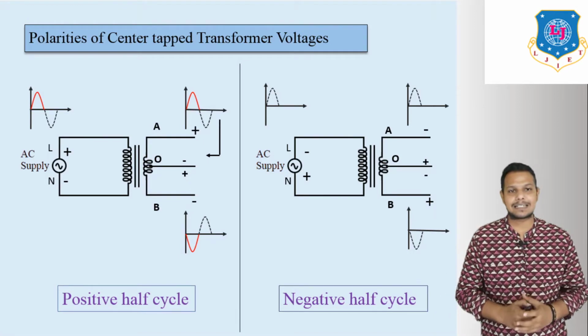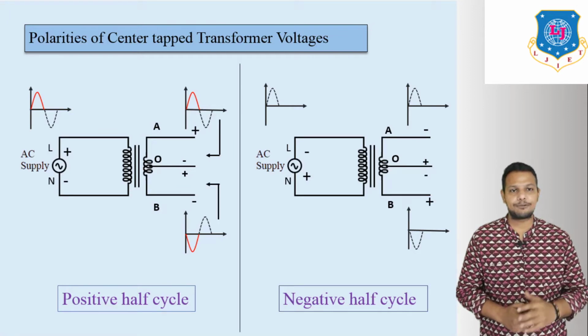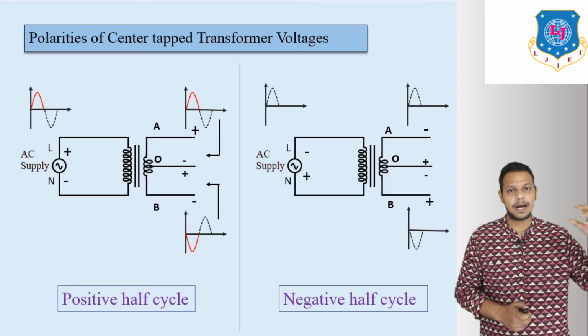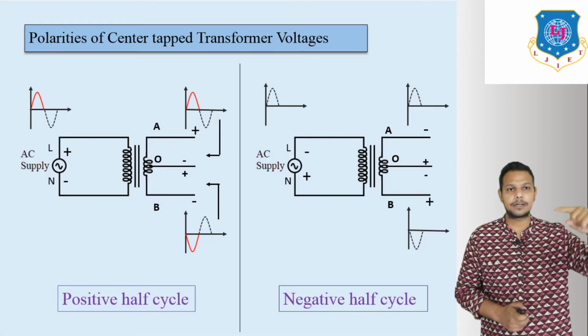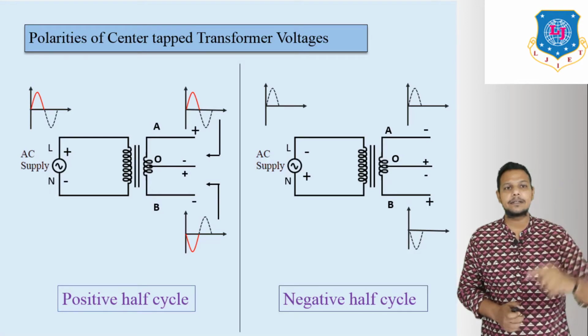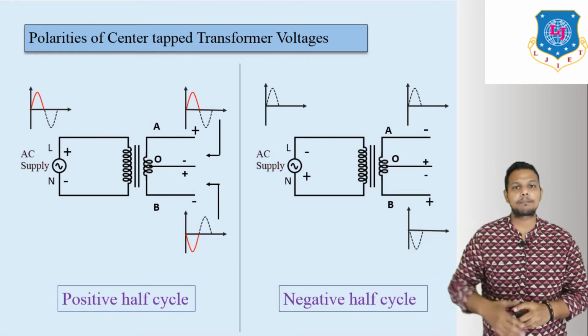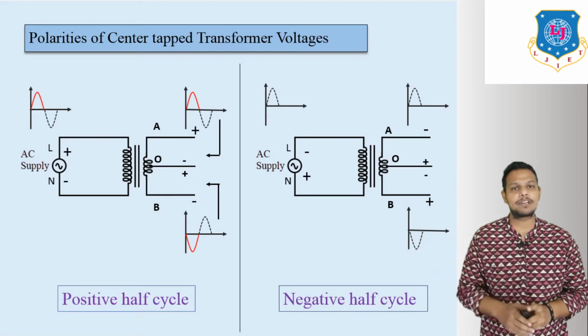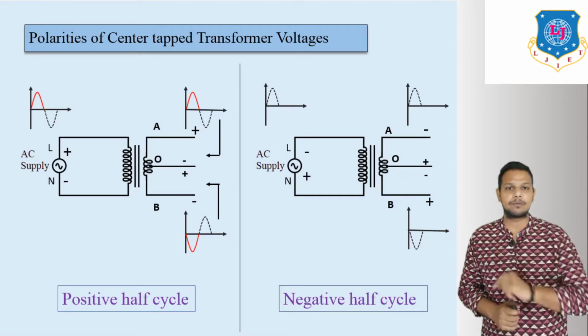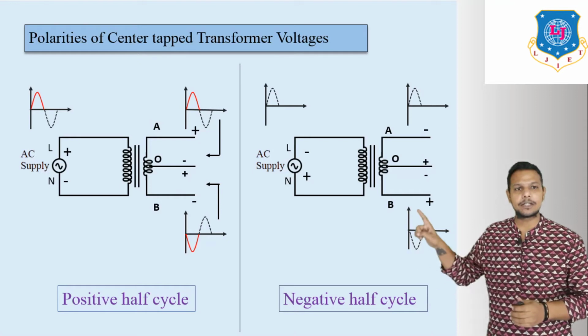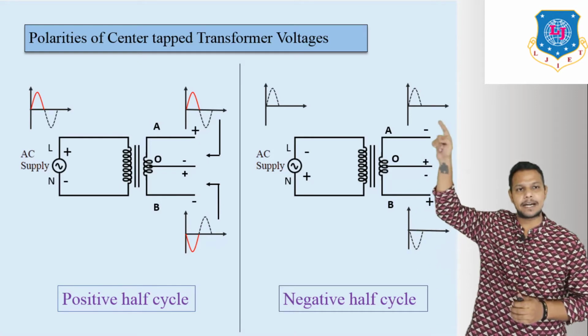Now let us discuss the negative half cycle. If we enter a negative half cycle, the polarities are changed. Above we can see minus, and on the lower side we put positive, since current always flows from positive to negative. Similarly, on the secondary side, we put positive here and negative on the upper side.